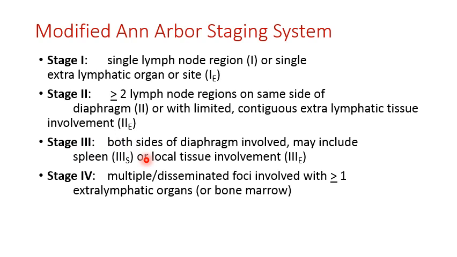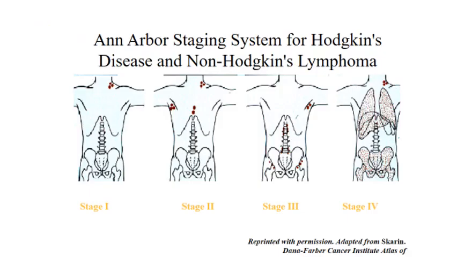So there is cervical, axillary and iliac group. Stage 4 is disseminated disease. So stage 1, single group. Stage 2, more than one, same side of the diaphragm. Stage 3, both sides of the diaphragm. Stage 4 is disseminated disease.